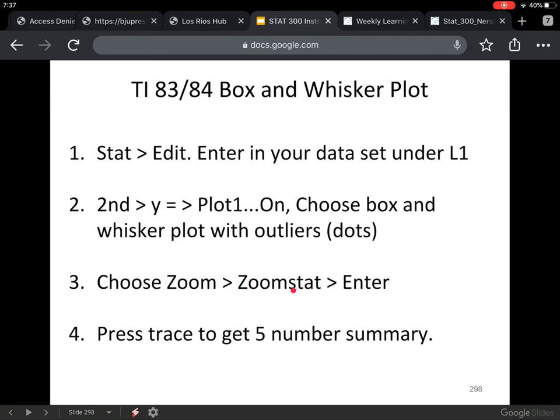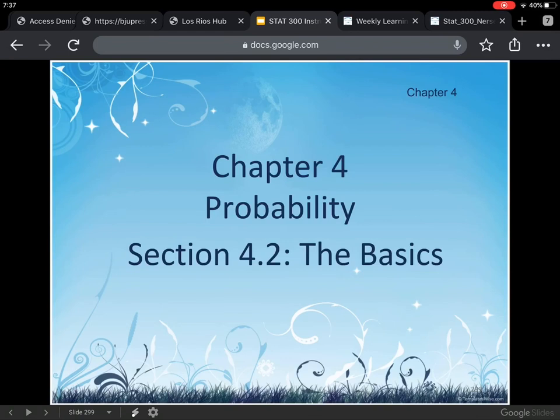That way the calculator knows you want it to show you the box and whisker plot in the window, and then press Trace to get the 5-number summary. Arrow over to the left or to the right to get the 5-number summary. That's awesome, right? Again, hug your calculator. Hope you feel a little bit better that your calculator can do this for you.